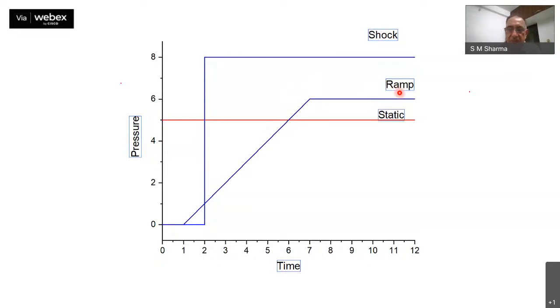In terms of thermodynamics, the static pressure studies are called isothermal studies, in which the temperature is not changed as a function of time. So we can freeze the temperature at a particular value and make measurements. The other extreme is shock, where we suddenly raise the pressure. The moment we suddenly raise the pressure, temperature is also intertwined and the temperature also changes. And therefore, one simultaneously gets a package of states of a given pressure and temperature.